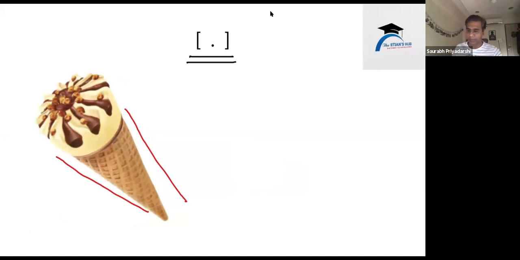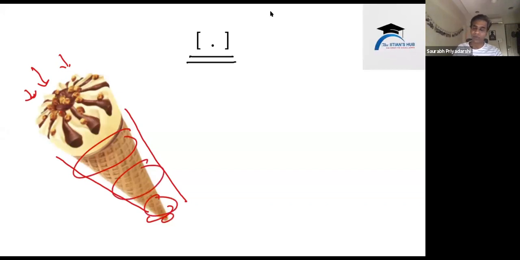That was in a cup, but this isn't in any cup. This is a wafer, right? When you have to eat the ice cream, obviously you can eat it all. This whole thing is for you, right?